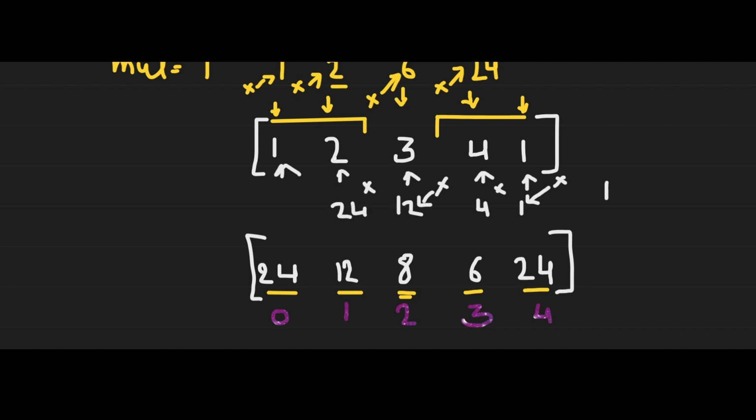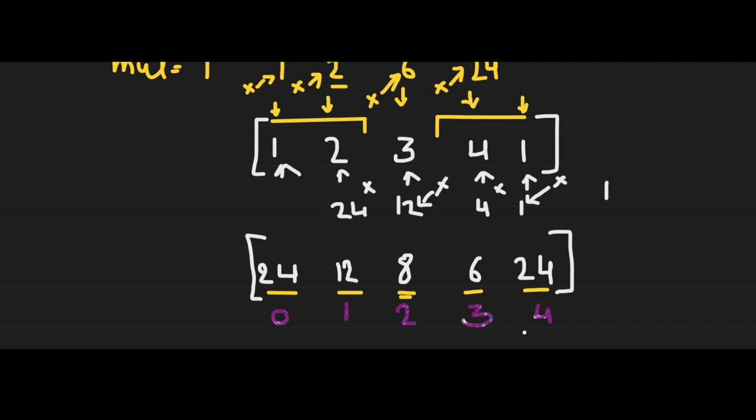Okay, so this is how we'll get our right side multiplication, and we'll store it in an array. Once we get the left side and right side multiplication, we can easily find the resultant array by multiplying the left multiplication and the right multiplication for a given index.